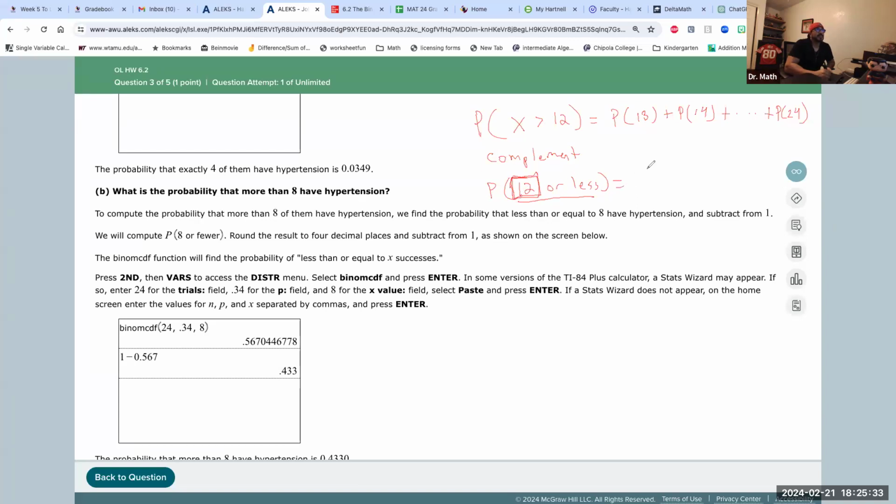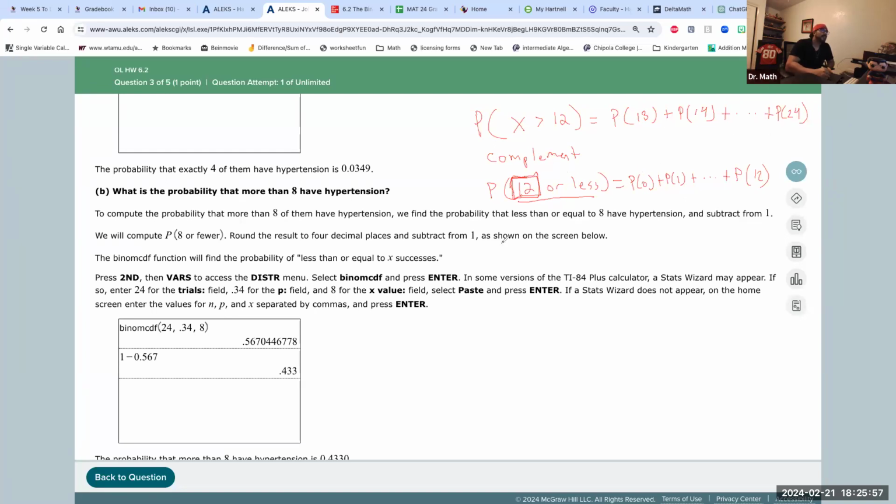Because this represents starting at 0 plus a probability of 1, all the way up, dot, dot, dot, all the way up to my last number, which is 12. So notice I got 12 or less, right? So these are the numbers that are the opposite, the complement of this right here, right?